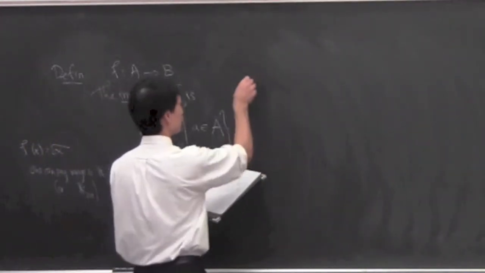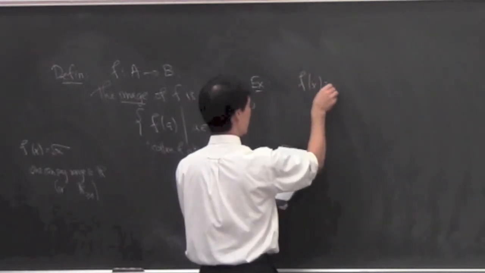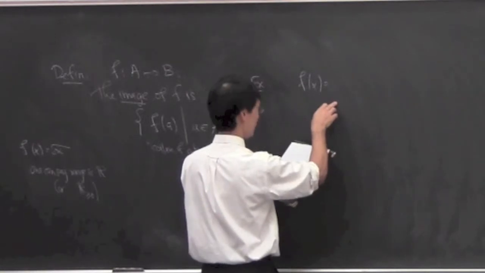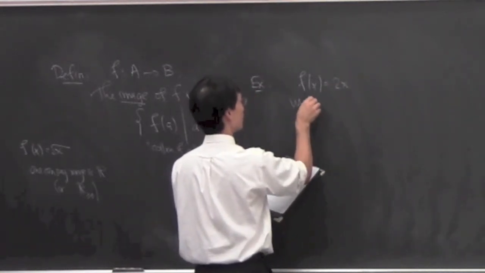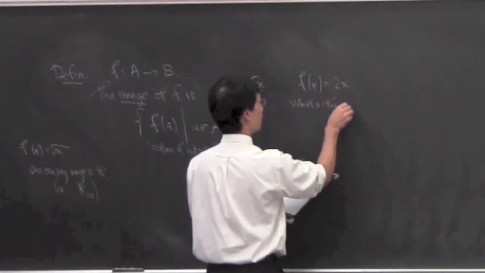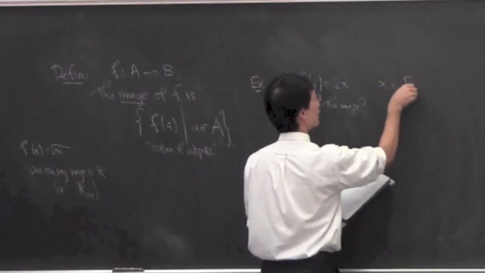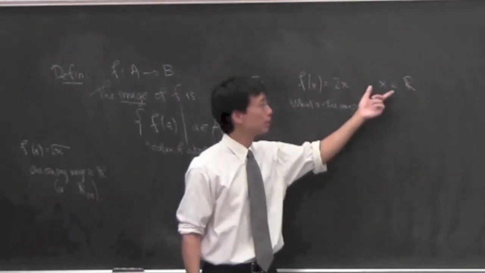Okay, so let me give an example. Suppose you have a function like this. Let's start with something simple. f of x is 2x, and the domain is this.